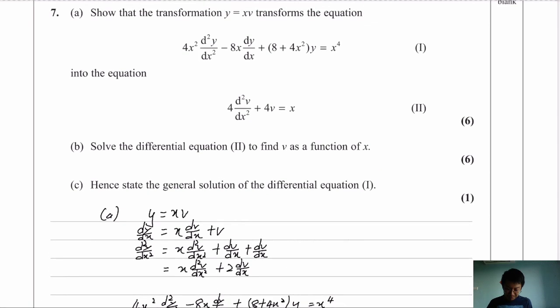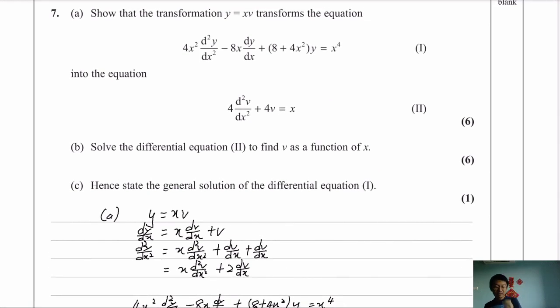Okay, last one. The last one involves a little bit of transformation of the equation into a simpler one. The substitution given here is y equals xv, which we have to use to transform this equation into another equation. If we compare these two equations, what happens is we are changing all the y to v.